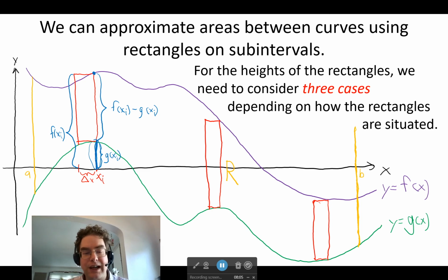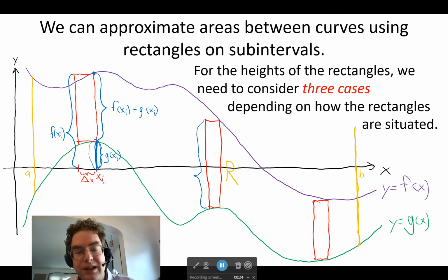Well, let's switch to our second scenario here with that middle red rectangle. And here we have a situation where one curve is above the x-axis, the other curve is below. And what we would like to do is get the height of our rectangle here. Okay, and in this case, we'll do it in two portions.